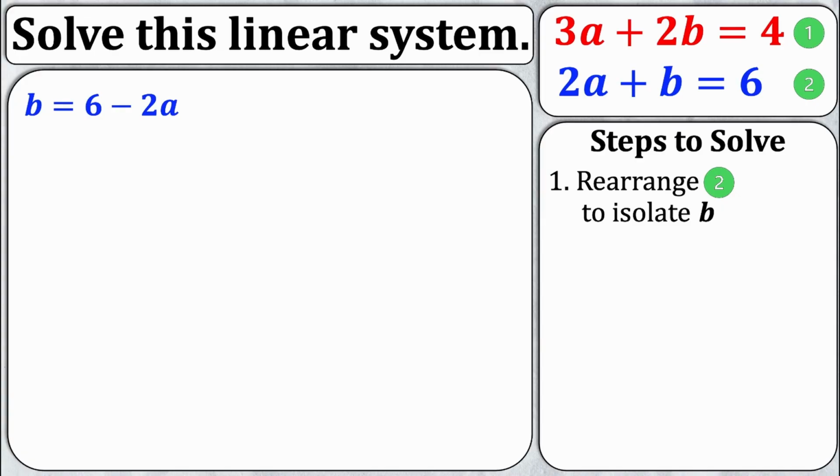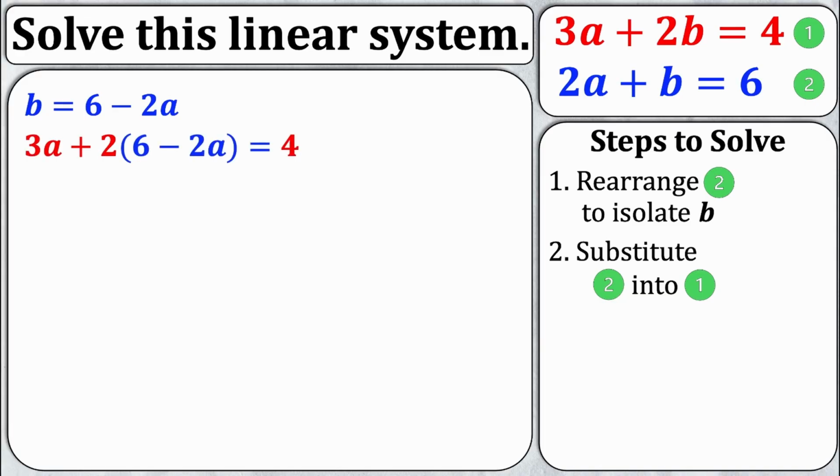My next step is to substitute the rearranged equation I just made into equation number 1 as b. So I'm going to color code it so you can see what I'm doing for this next step. Now I have a line that looks like this: 3a plus 2 times (6 minus 2a) equals 4. You might be wondering, where does that 6 minus 2a come from?